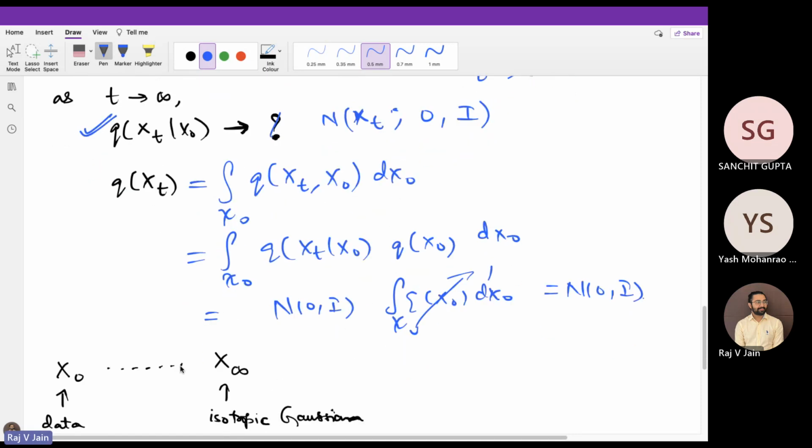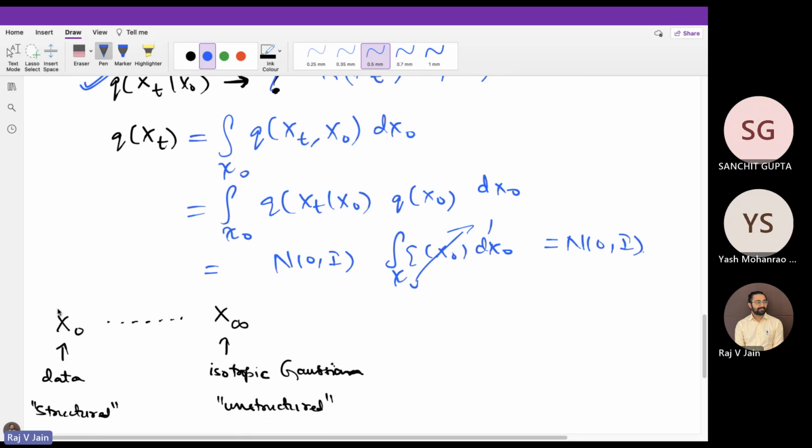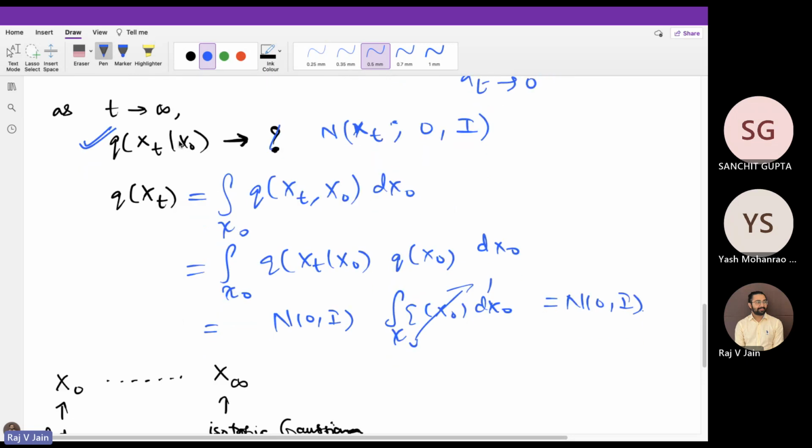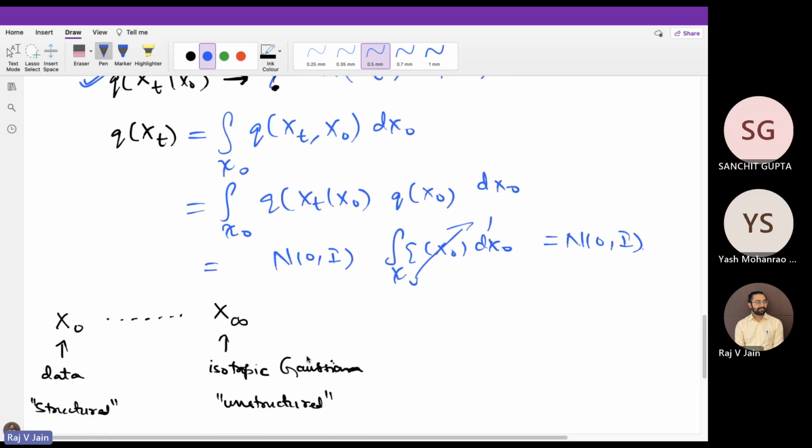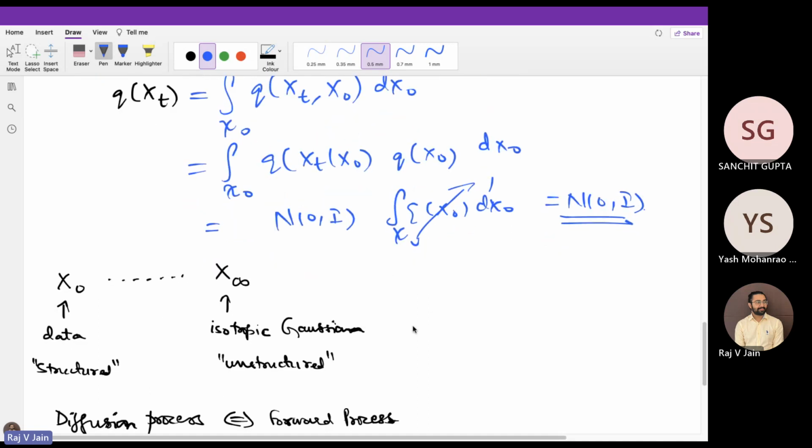So now what have we shown? We have gone from x naught, which was data, something structured in this x naught space, and let's say we are going to x infinity, because we are talking about as t tends to infinity, and we've gone to something like an isotropic Gaussian. Isotropic Gaussian in the sense that if I look at any dimension, it's the same shape, nothing different between two dimensions. So this is basically going from a structured to an unstructured distribution.